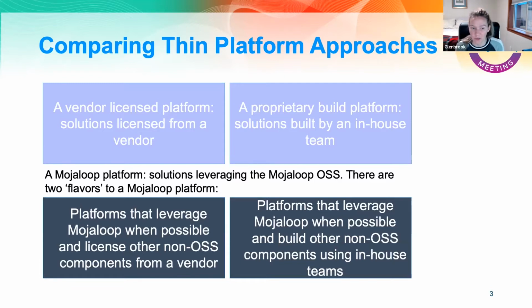So the 4 types are the following: a vendor licensed solution, a proprietary build solution, and 2 flavors of Mojaloop, where OSS components are leveraged when available, and when they're still under development, they're either purchased from a vendor, or they are built in-house.